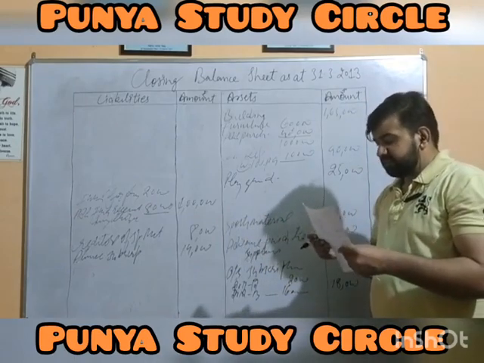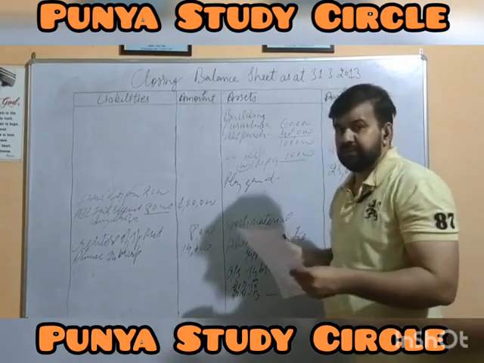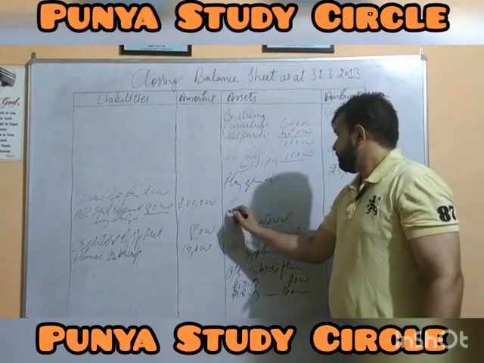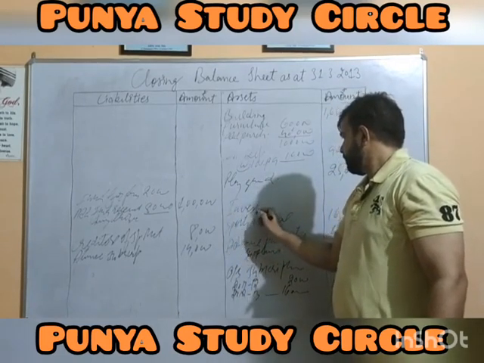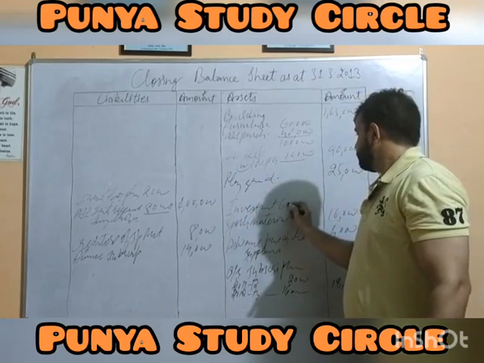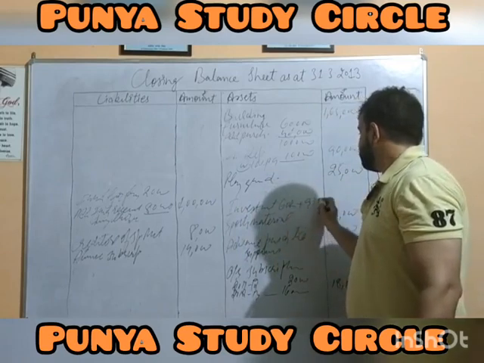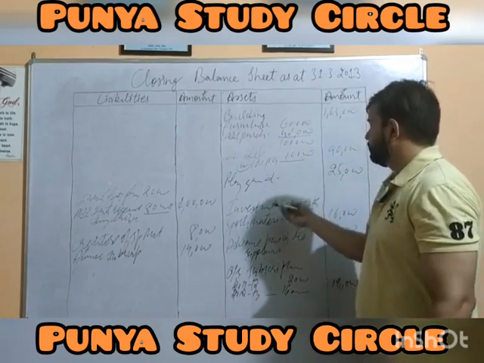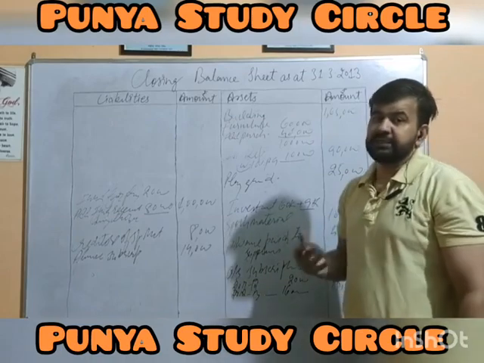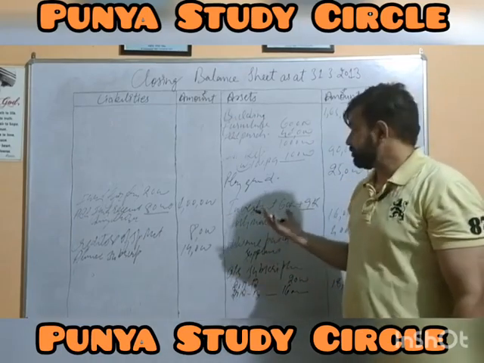Then we are having investment which was 60,000 in the beginning of year. Investment 60,000 plus 9,000 rupees interest which is outstanding. You may show it all together 69,000 because next year we will hope to receive interest on 69,000.